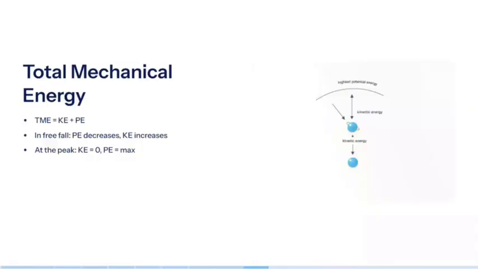That's the idea we're trying to pass across here: the sum of potential energy and kinetic energy gives us the total mechanical energy. During free fall, the potential energy keeps reducing while the kinetic energy keeps increasing. But at the highest point, the potential energy is maximum while the kinetic energy is zero.